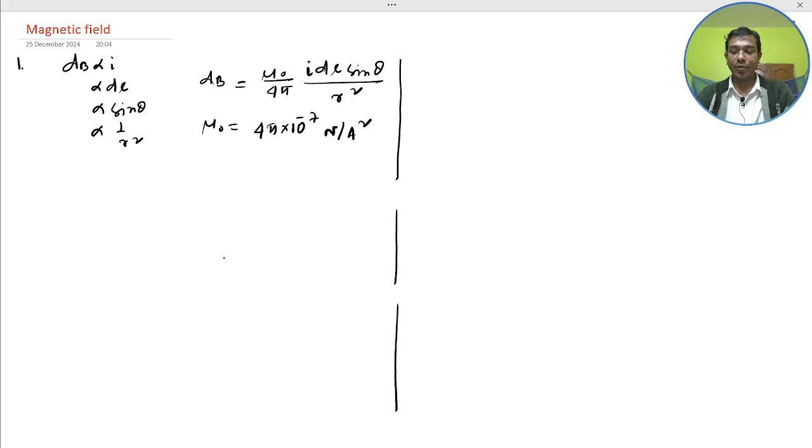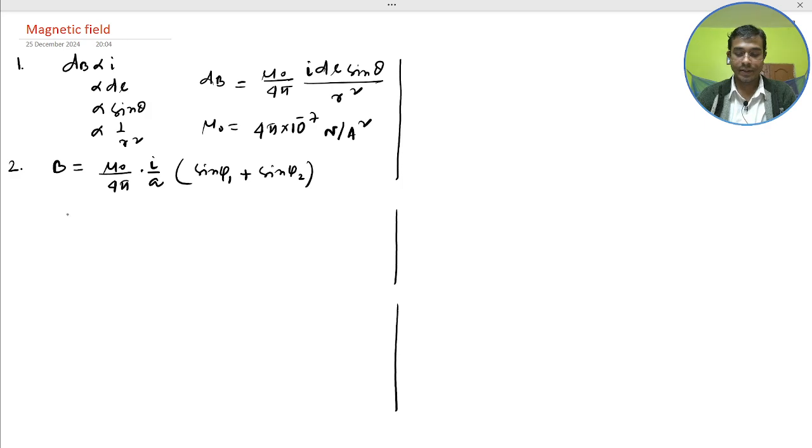Next, magnetic field due to a current in a straight wire. This is written as B equal to mu naught by 4 pi, I by A, (sin phi 1 plus sin phi 2). Phi is the angle between the center of the line and the point where we have to find the magnetic field.